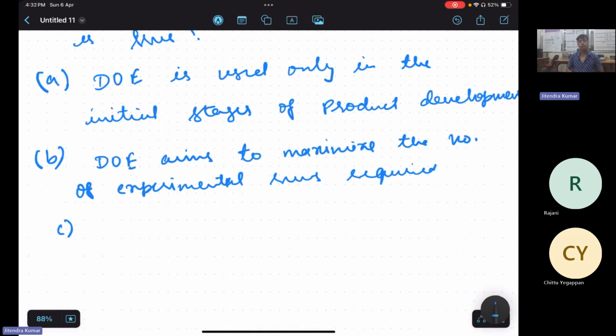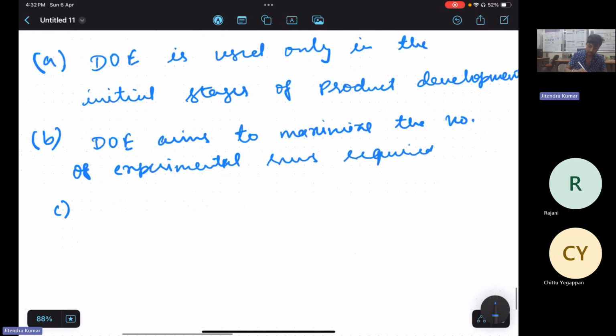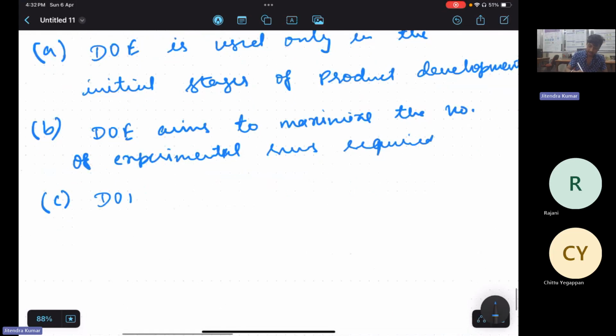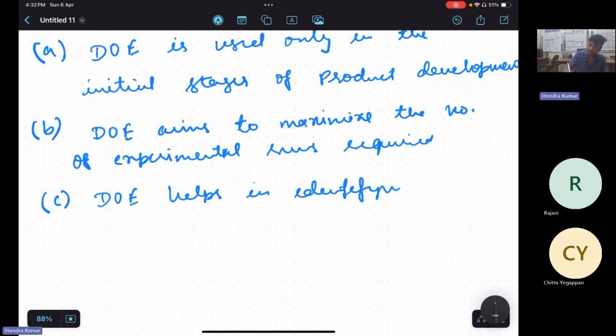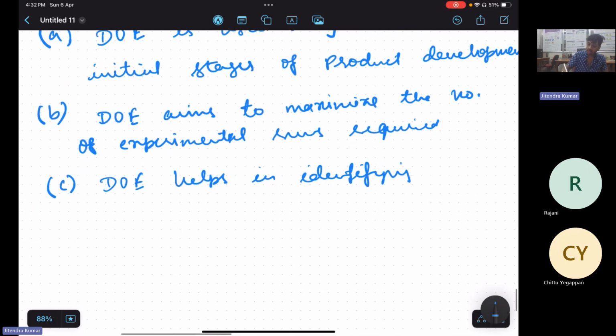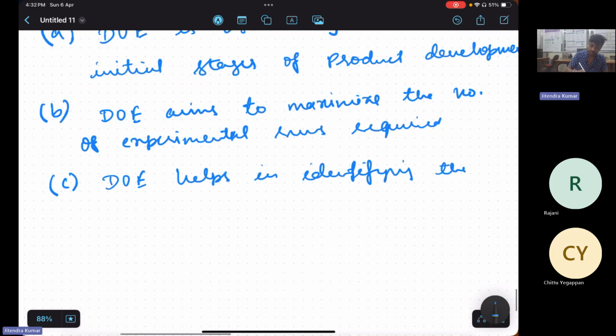Option C is DOE helps in identifying the significant factors affecting the response.